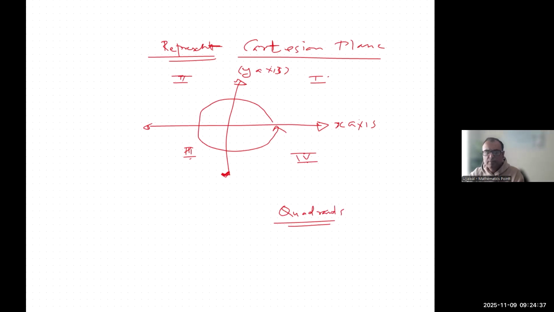All right, now let's talk about quadrant 1 only. And I'm going to the next page now. Quadrant 1. Each axis in a particular quadrant is scaled.